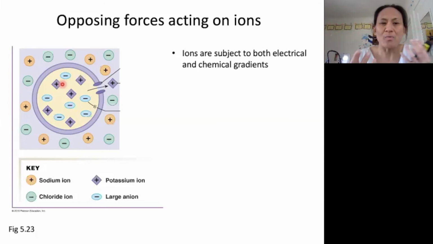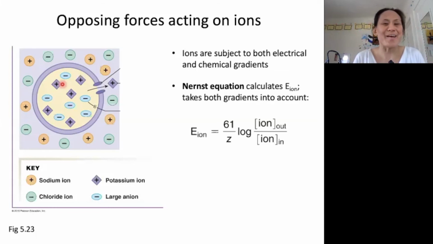So how do we reconcile these two opposing concepts? We reconcile that with an equation, okay? So we have this equation called the Nernst equation that takes into account both the electrical gradient and the chemical gradient that's working on an ion, okay?